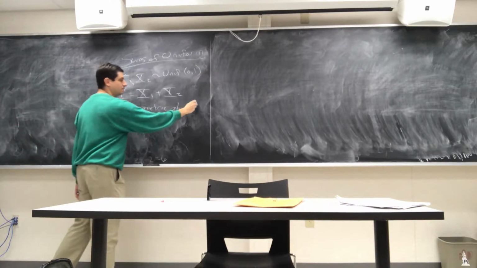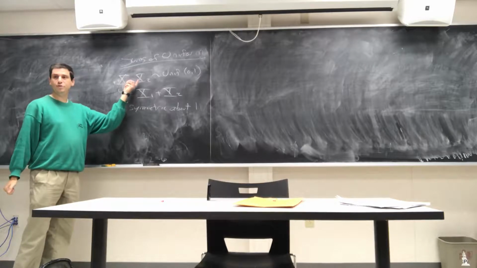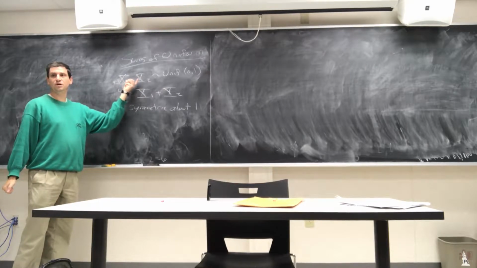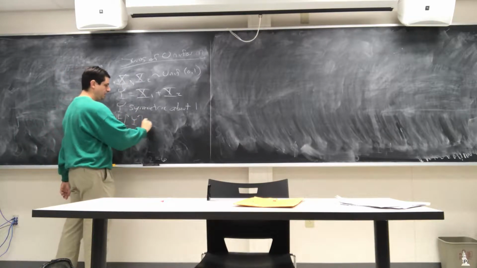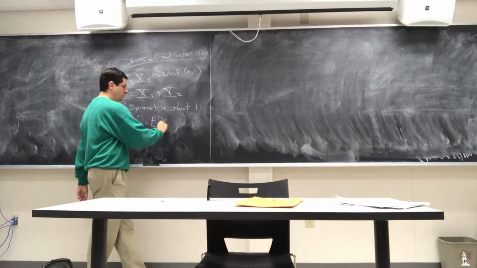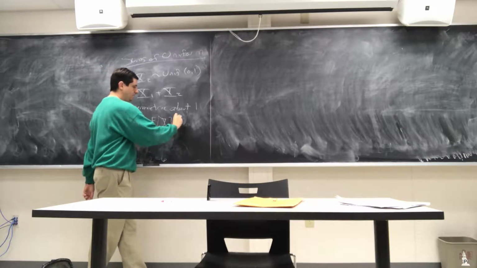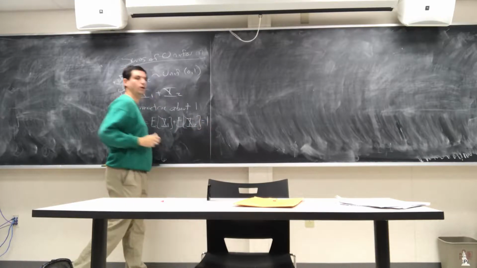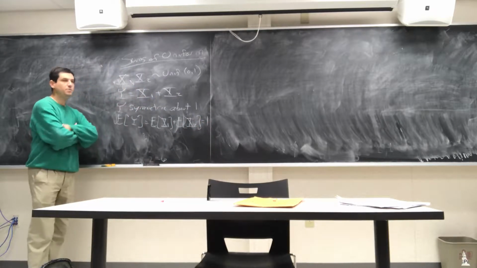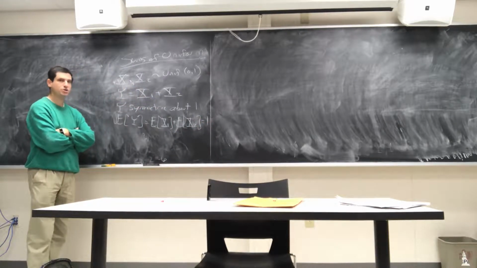About 1. Since x1 and x2 are uniform on 0, 1, they both have mean 1/2. So the expected value of y is the expected value of x1 plus the expected value of x2, which is 1. So we expect the random variable y to be symmetric about 1.